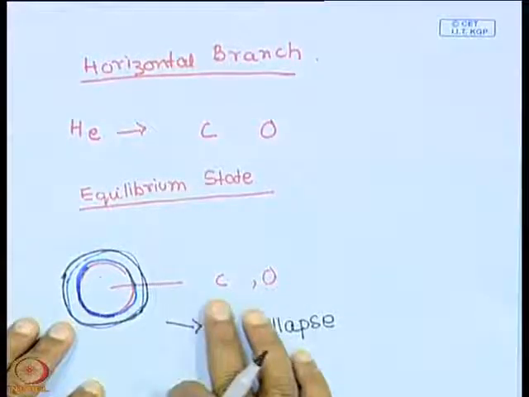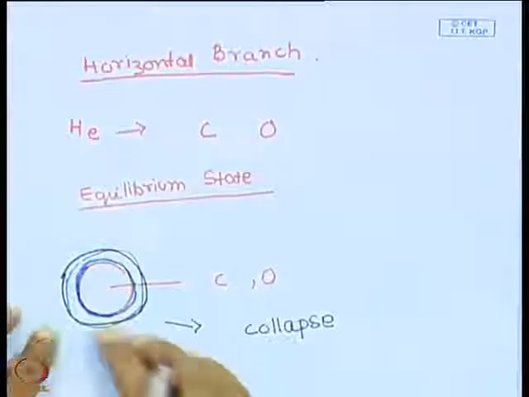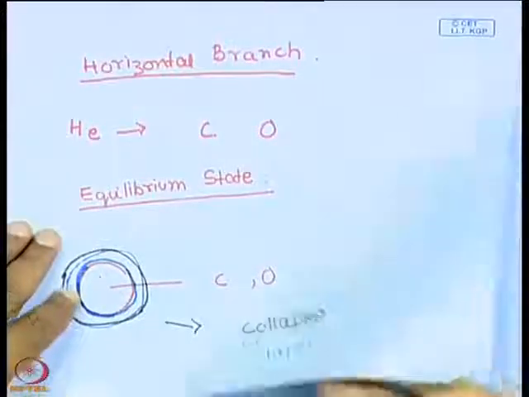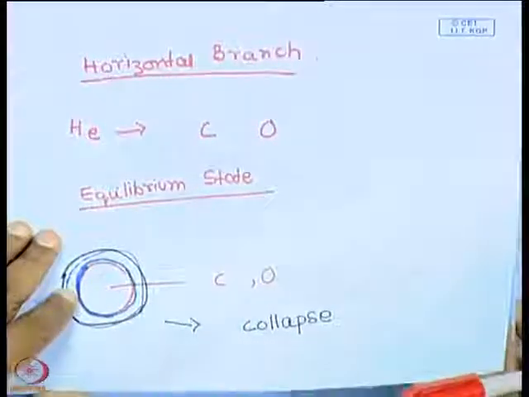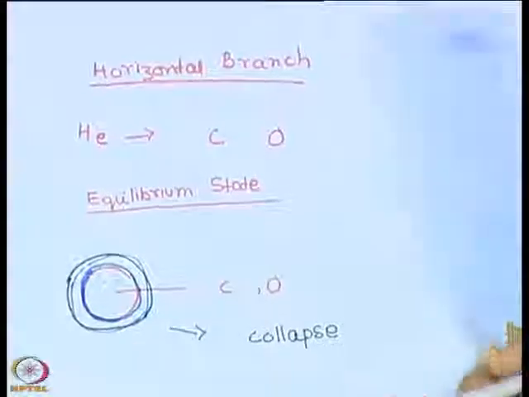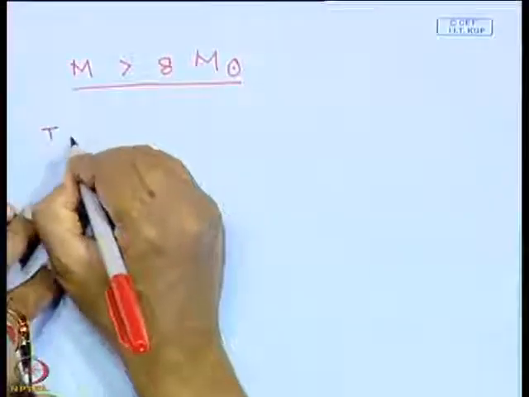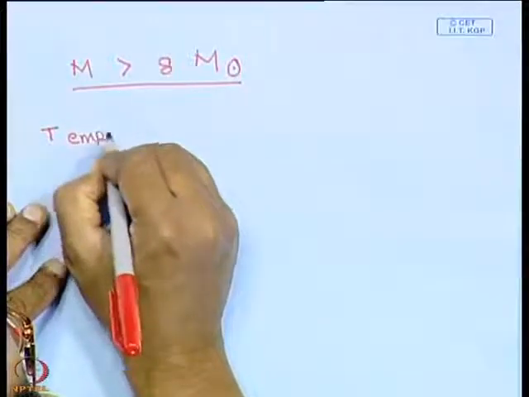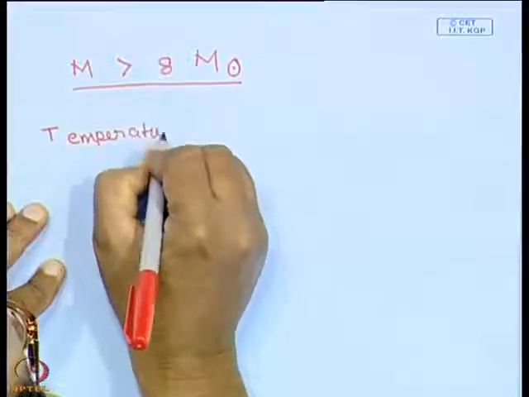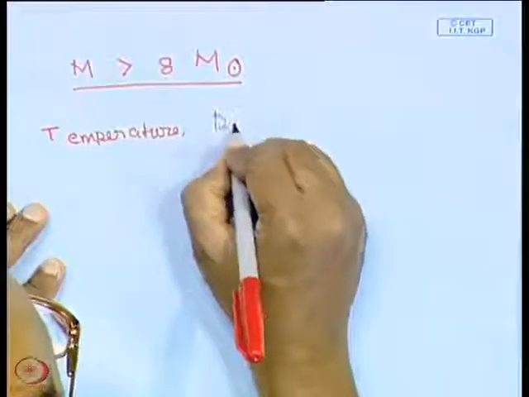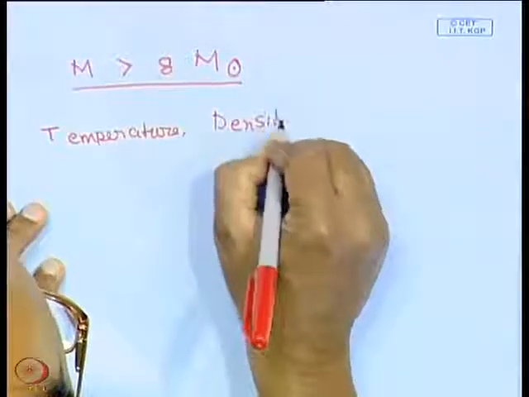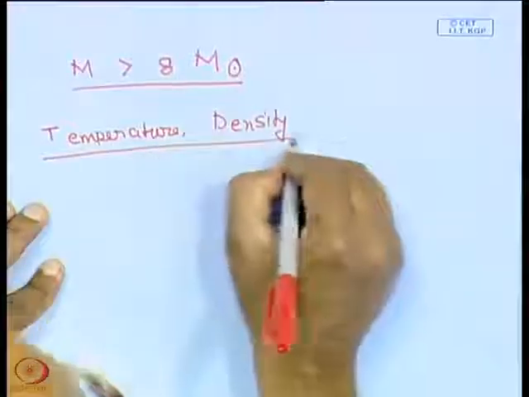Now, these stars, when the core collapses, when the core is contracting, again the temperature and the density are adequately high.